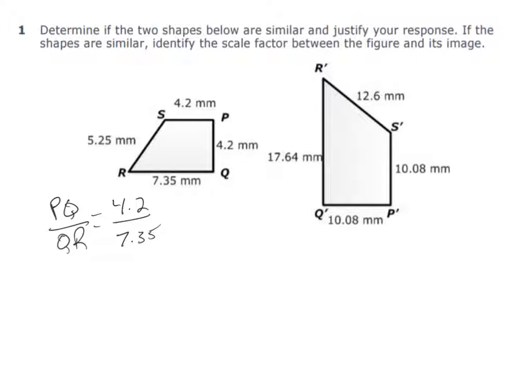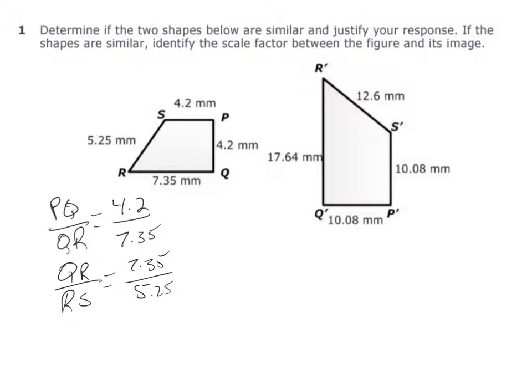Notice I'm going clockwise around. So again, QR is 7.35 and RS is 5.25.